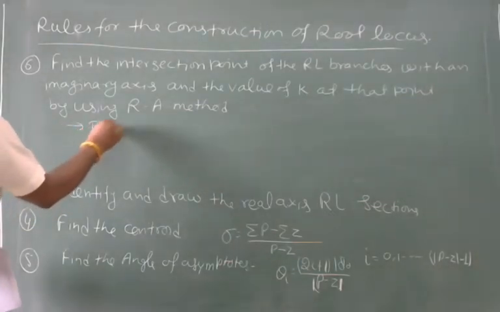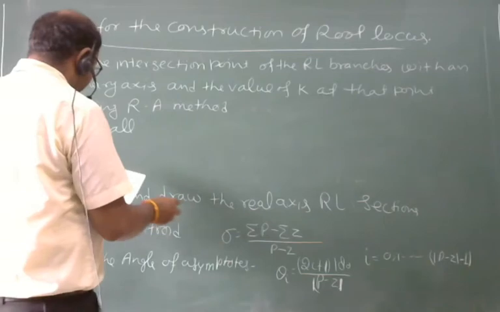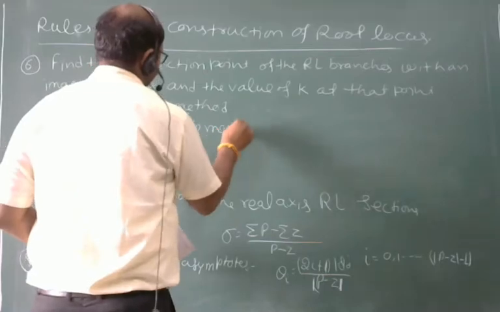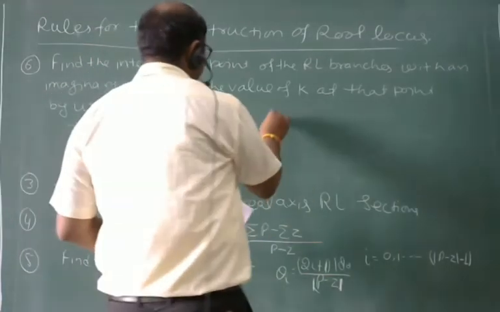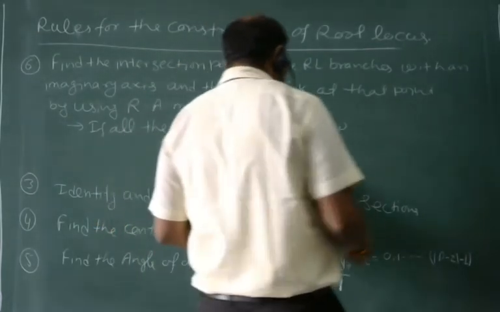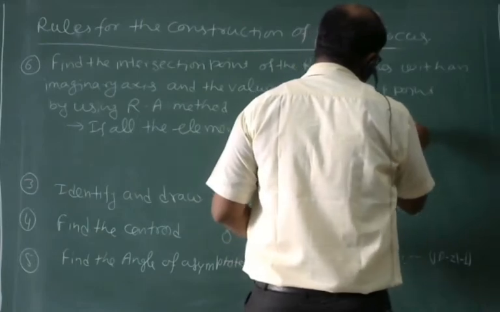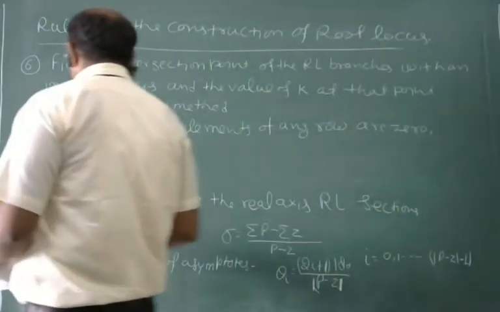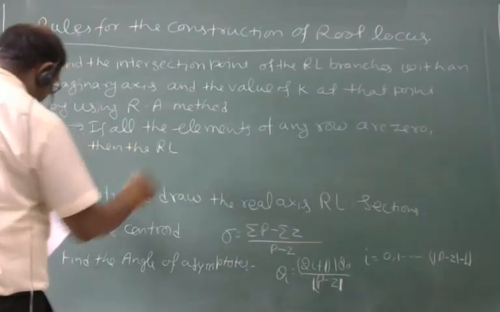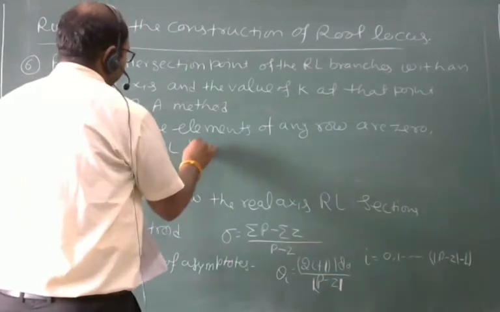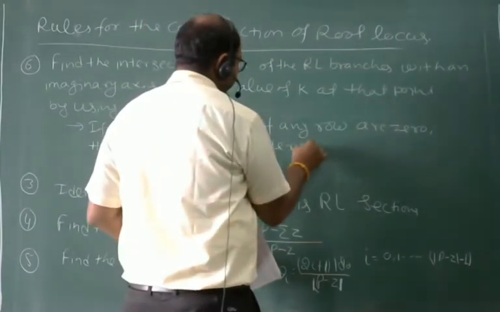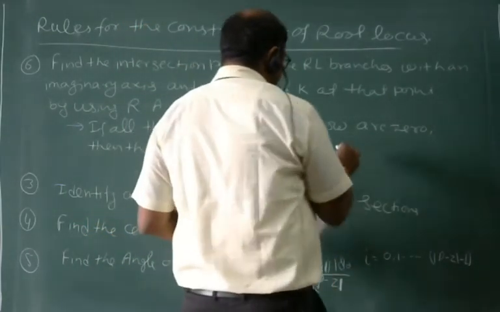if all the elements of any row are 0, then the root locus branch intersects the imaginary axis.